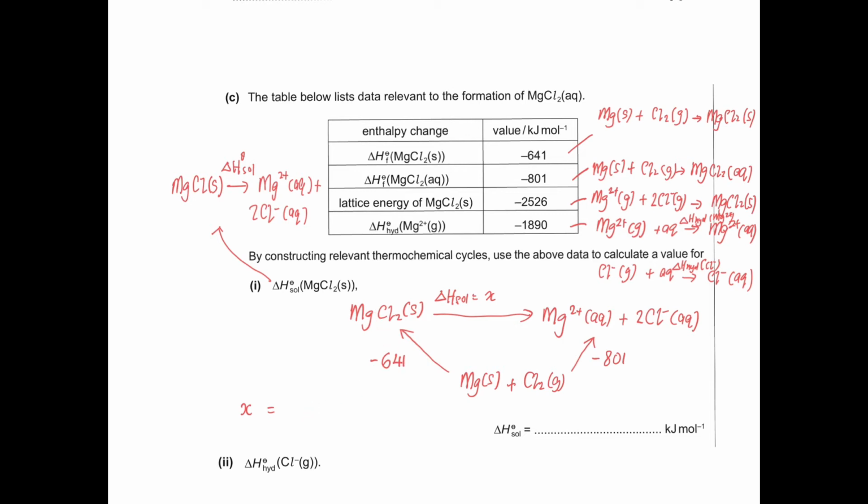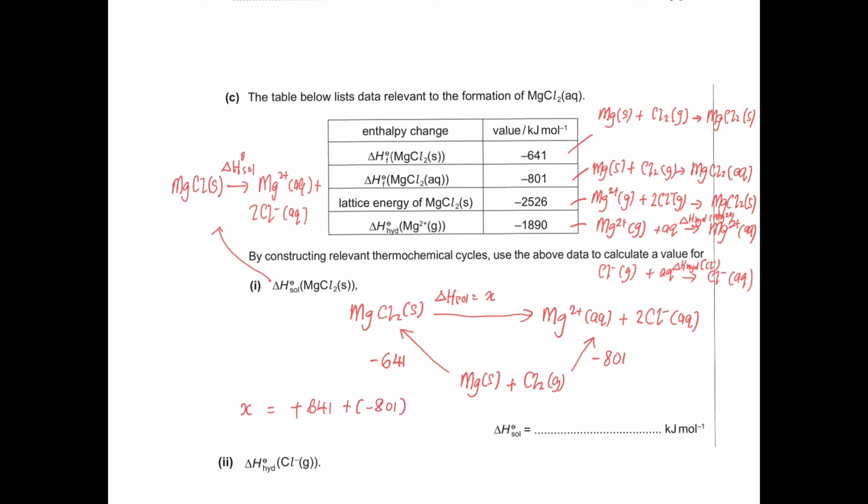Like what I said, I have to go down. When you go down, you have to change sign, so it becomes positive 641. After that, I have to go up again to get the final product. Going up means I can take negative 801 without changing the arrow. I can just follow the original value, don't need to change sign.